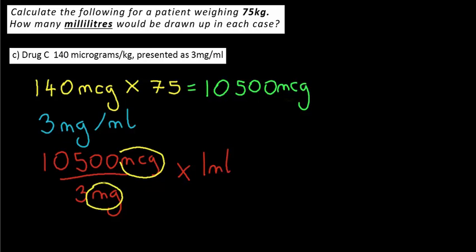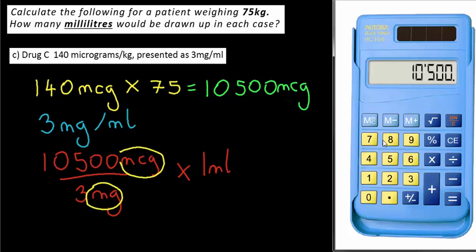I'm going to convert 10,500 micrograms into milligrams. Now that involves going up one step, and therefore I need to divide by 1000. If I pull up the calculator, it still has a 10,500 displayed, so I'm going to divide that by 1000, and that tells me that 10,500 micrograms is the same as 10.5 milligrams.